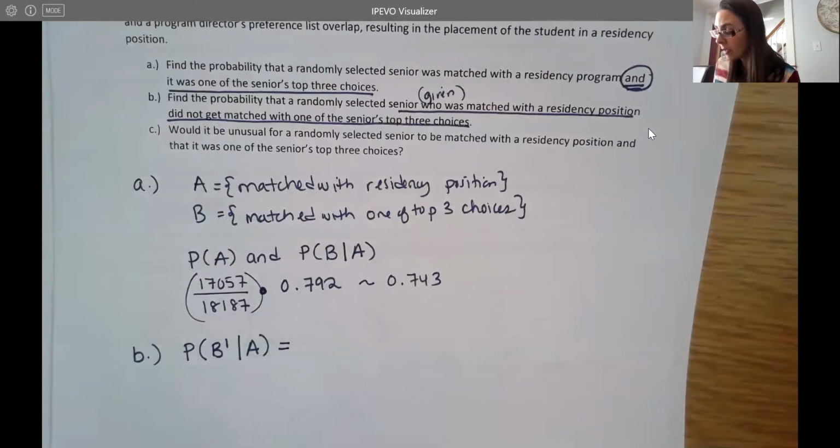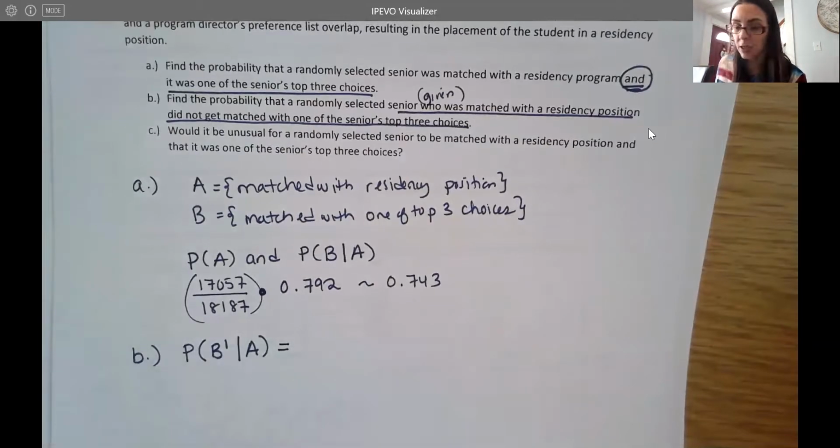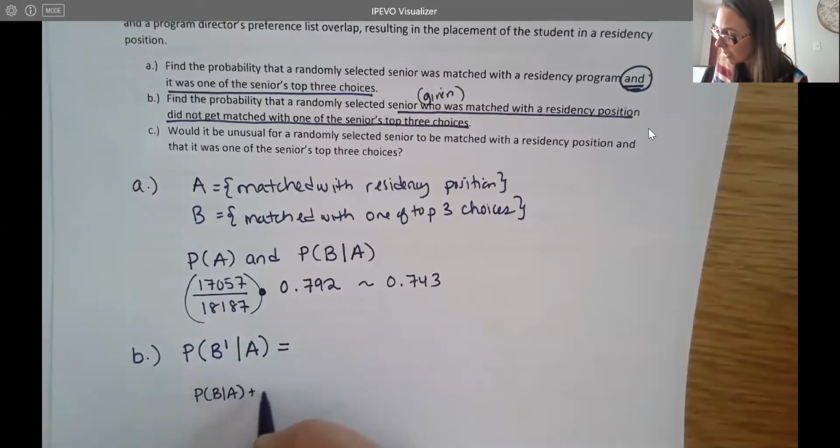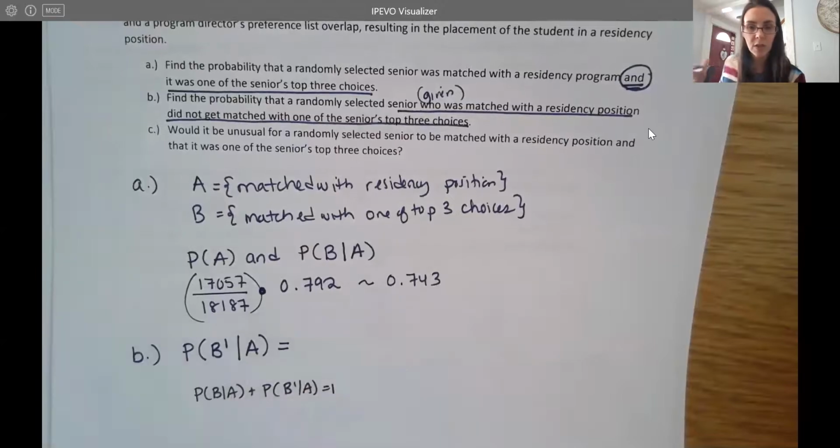Now, we can use complements like we did at the end of the last example. Remember that the regular event plus a complement event has to add to 1. It also works for conditionals. So for instance, the probability of B given A plus the probability of B complement given A would also be 1. So you still have that same idea. So I'm going to use the complement here. So 1 would be the total.